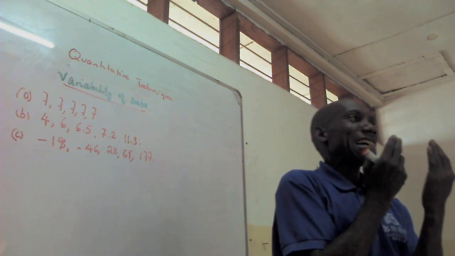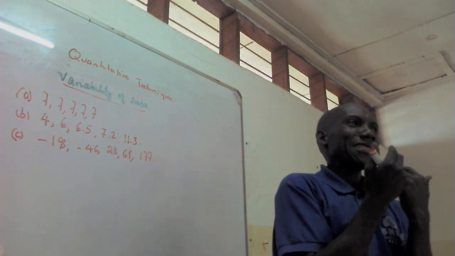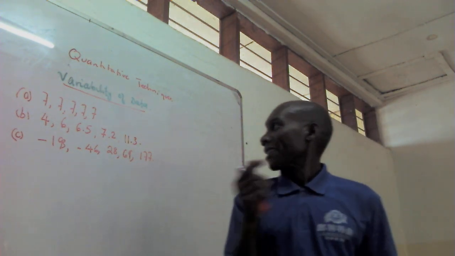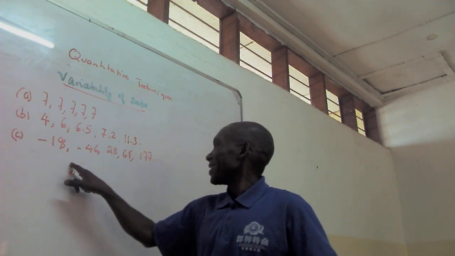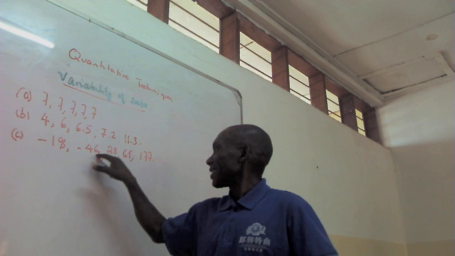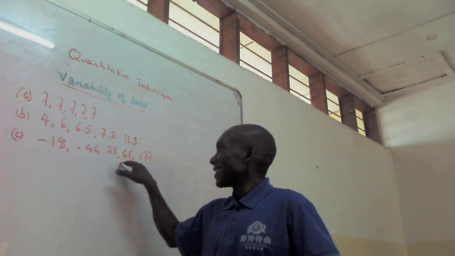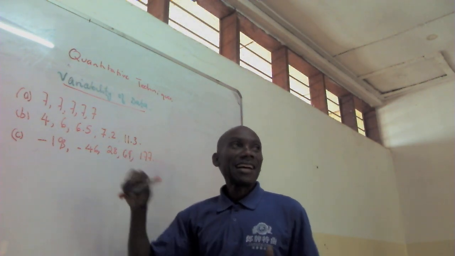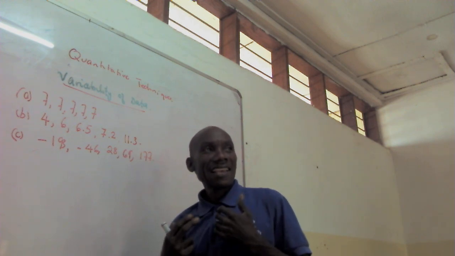In other words, there are gaps. You can see that they are different. In the third one, the spread is a little bit high, because of 1, minus 193, minus 46, 28, 69. So you can see that at least the spread is there.